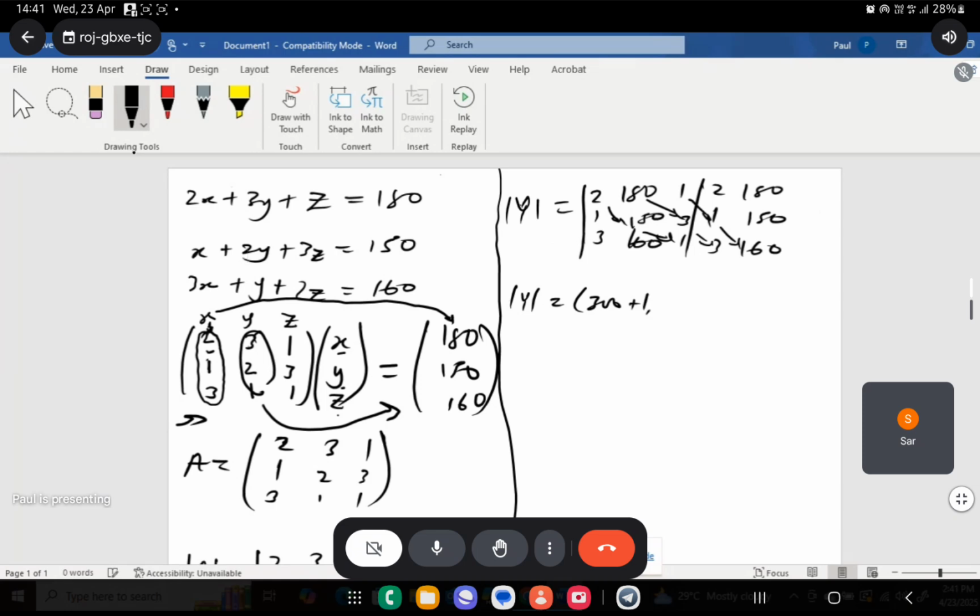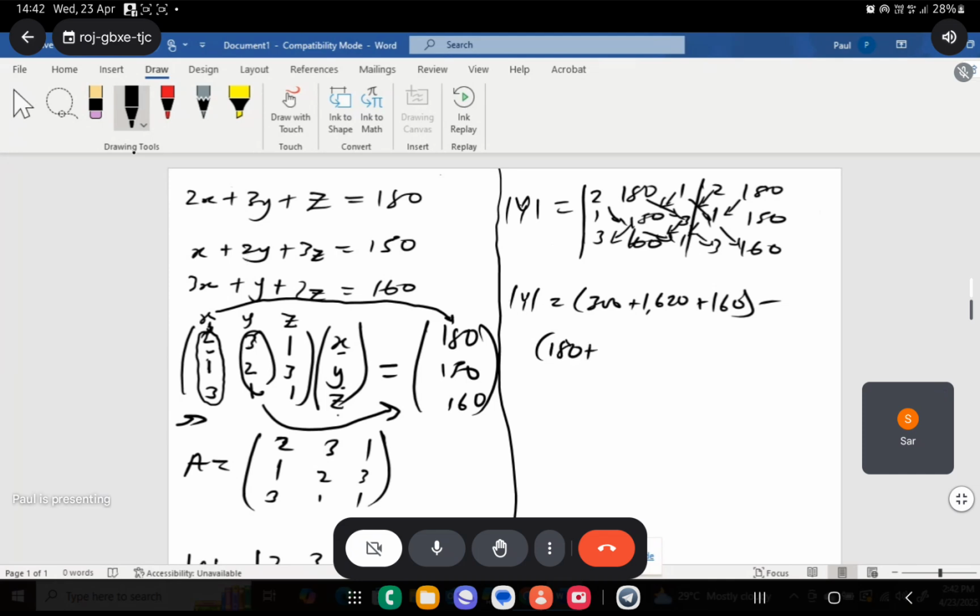So 2 times 150 times 1 will give you 300 plus 180 times 3 times 3. 180 times 3 times 3 will give you 1620. Then the last one, 1 times 1 times 160 will give you 160, minus that one too will be the 180. So that one will be 180 times 1 times 1, which is 180.